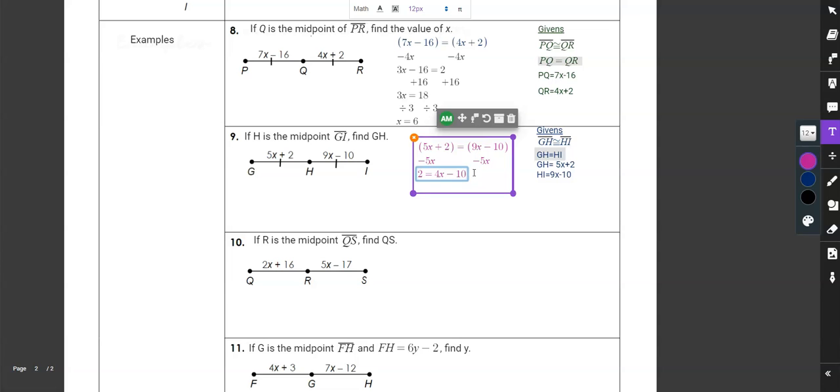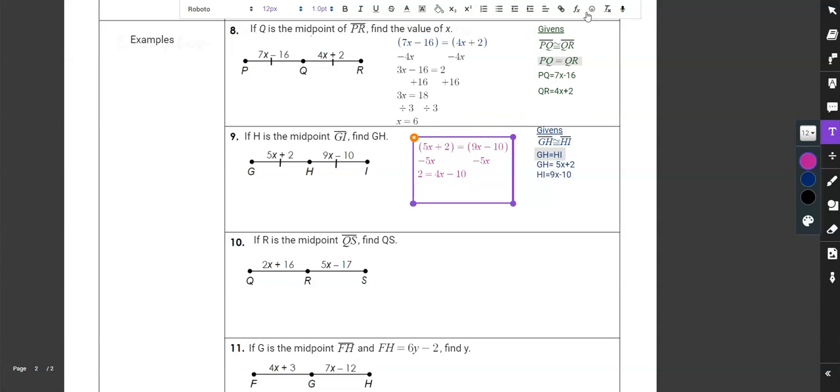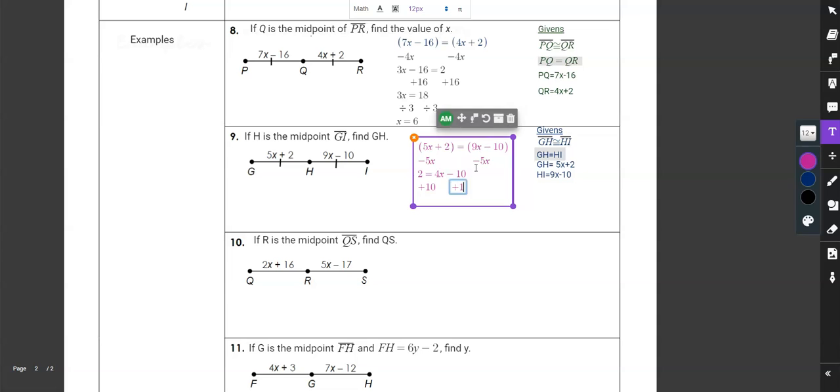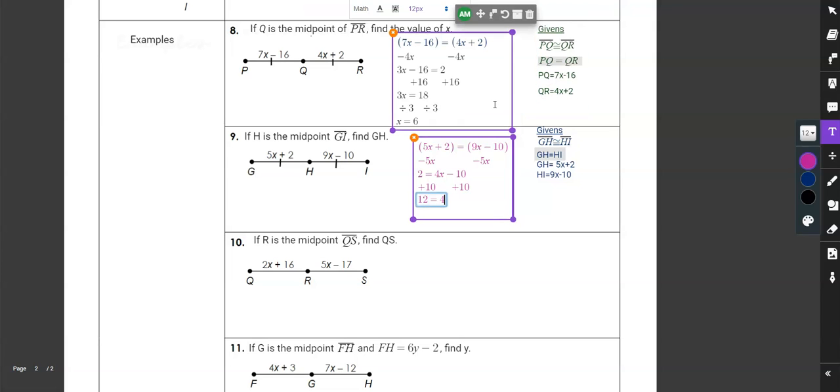So once I've subtracted 5x from both sides, I'm left with 2 is equal to 4x minus 10. I am then going to get that 10 to go away by adding it to both sides. So we're going to move that over. And finally, 2 plus 10 is 12, and that's going to be set equal to 4x.